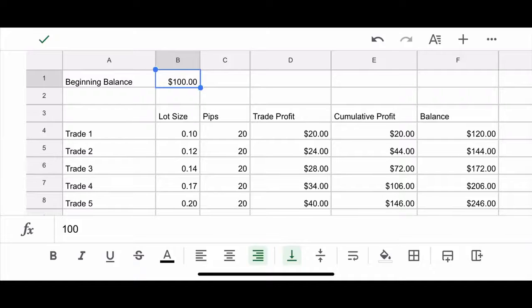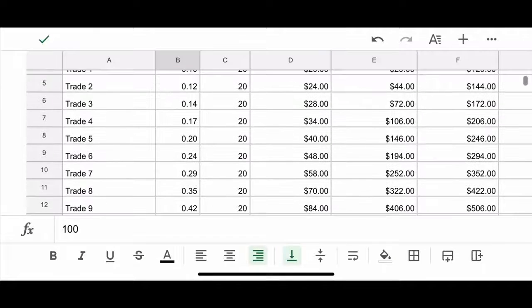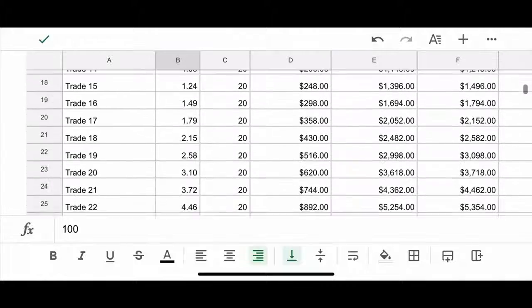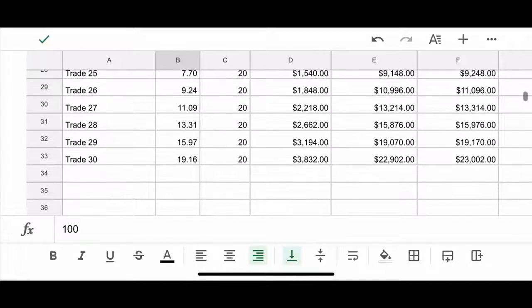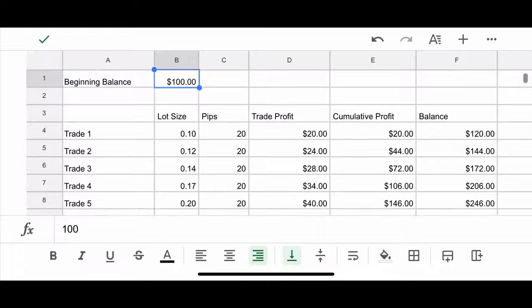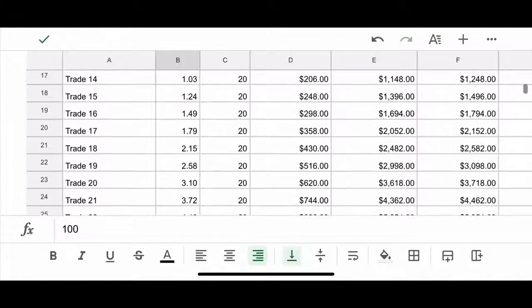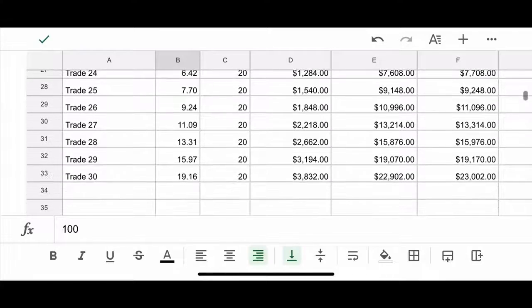Same thing when it comes to finances and money. Compounding money is powerful. Just a small amount every day is going to equal a lot over a period of time. So as you can see, on 30 trades, starting off with a small account balance of $100, you could change that to $23,000 by utilizing this strategy of compounding.